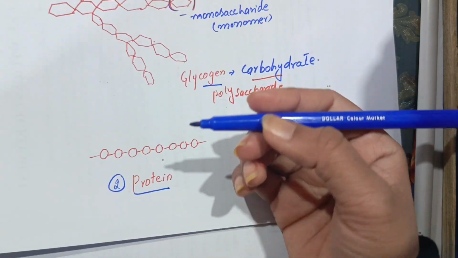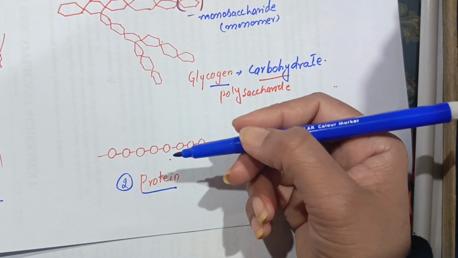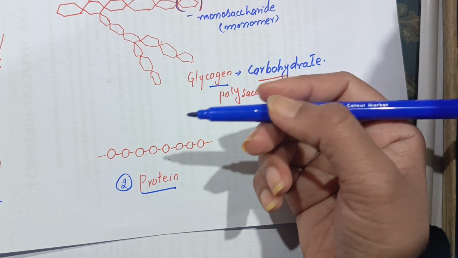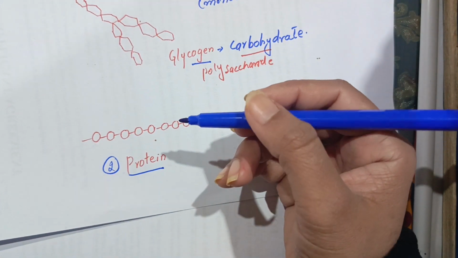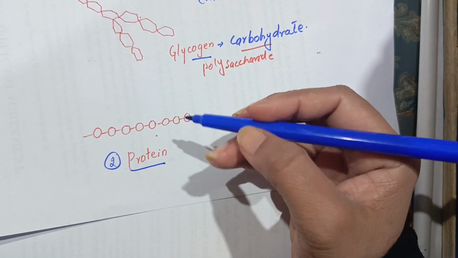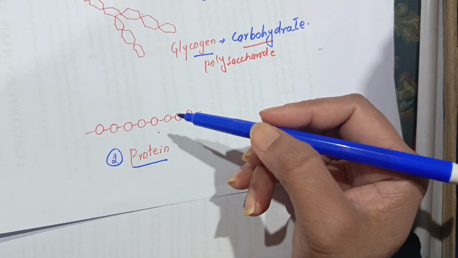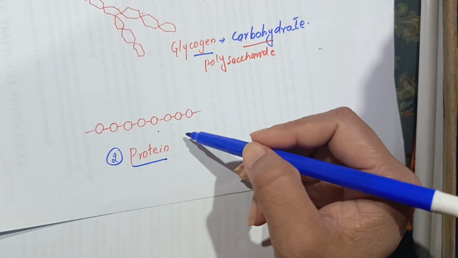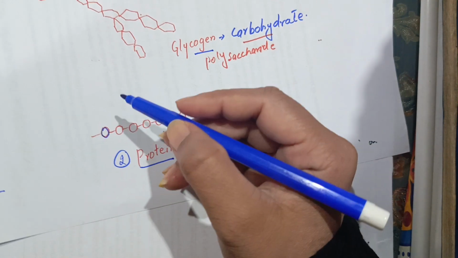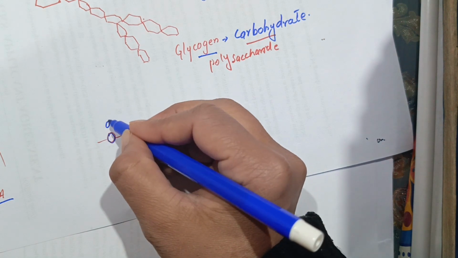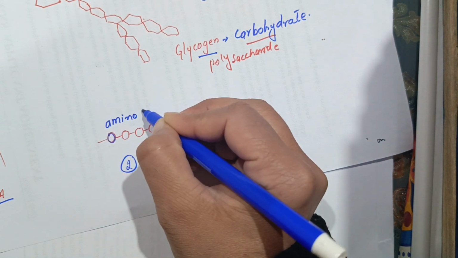If we take another example, like the protein present in milk, and also in meat and chicken. There are different types of proteins, but generally proteins are polymers formed by monomer units, and here the monomer unit is the amino acid.